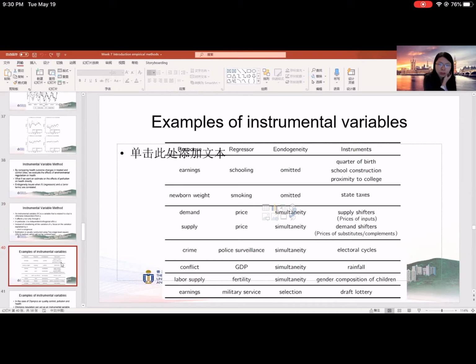But here is an example for instrumental variable. Suppose your idea is to test how the civil wars or local conflicts in Africa could be attributable to economic reasons. If you want to look for economic roots of conflicts, the story could be that because of a reduction in agricultural output, people who were originally contented with their life, who didn't have hunger problems, now have hunger problems, and they will fight each other.